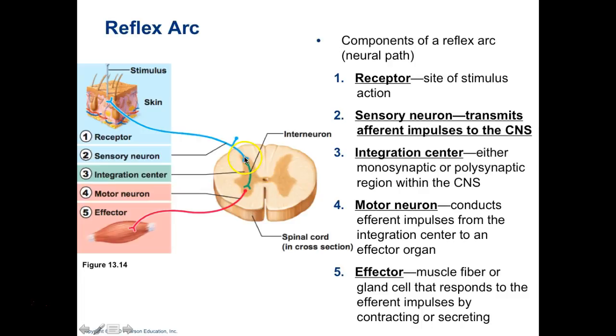So this sensory nerve is synapsing with the interneuron first, and that interneuron is then carrying it over to the motor neuron, which is number 4, and that is sending the efferent or motor impulses from our integration center over to our effector organ, which in this case is a skeletal muscle. So our skeletal muscle would be number 5, the effector organ that'll respond to that motor impulse by contracting, or if it was a gland, it would secrete something.